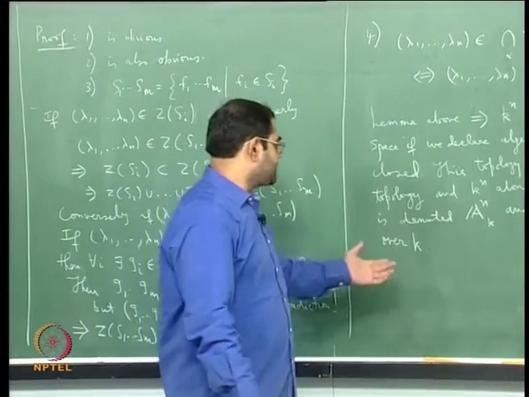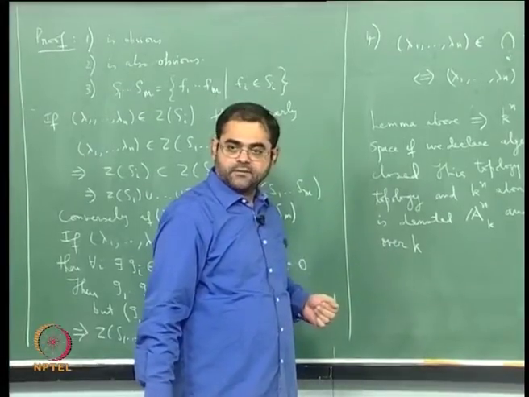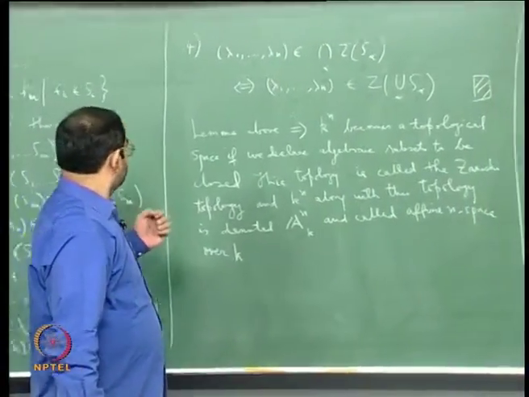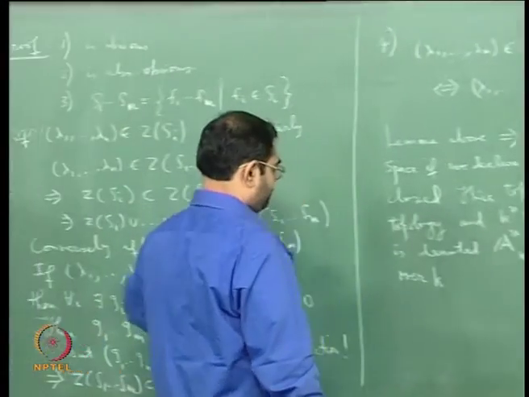Okay, and this is the affine n-space over K, right. So things are quite good.